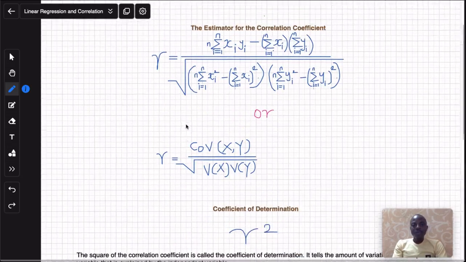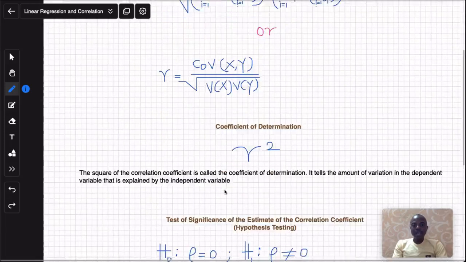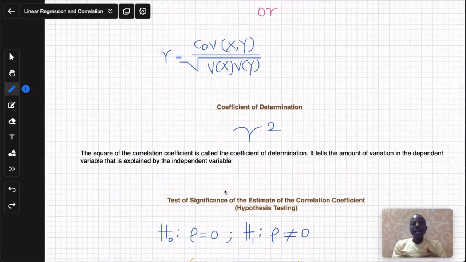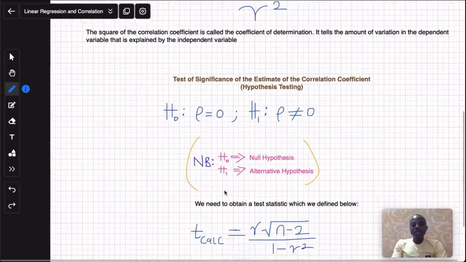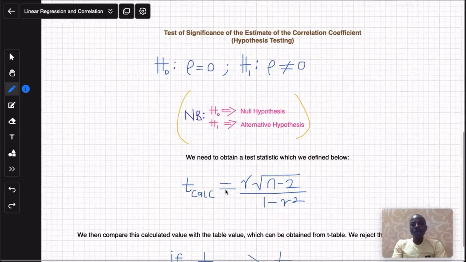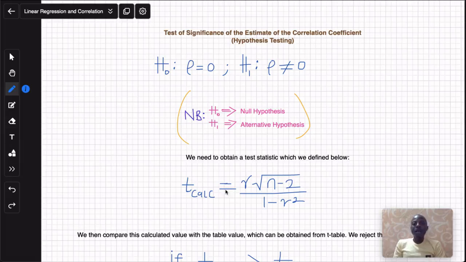Meaning you want to see if what you have obtained is actually not due to chance, because it may be due to chance. You just obtained it, but it doesn't really represent the population value, or you cannot generalize what you have obtained based on the sample to the population.